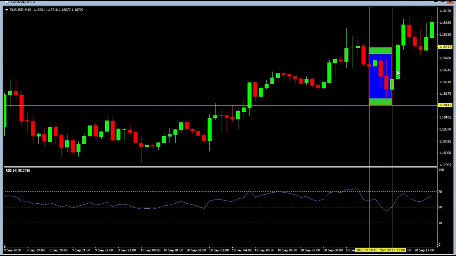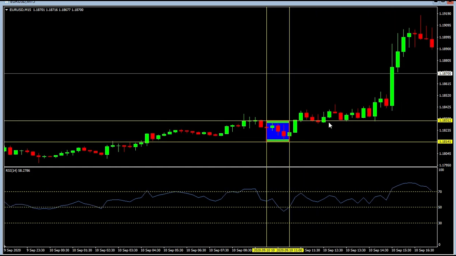This candle comes up and fills in your order, and now we are risking 17 pips, so we are looking for 17 pips take profit, which we are going to get on this candle.